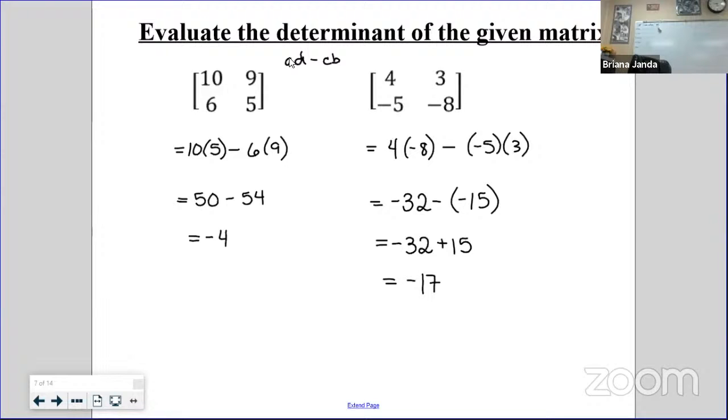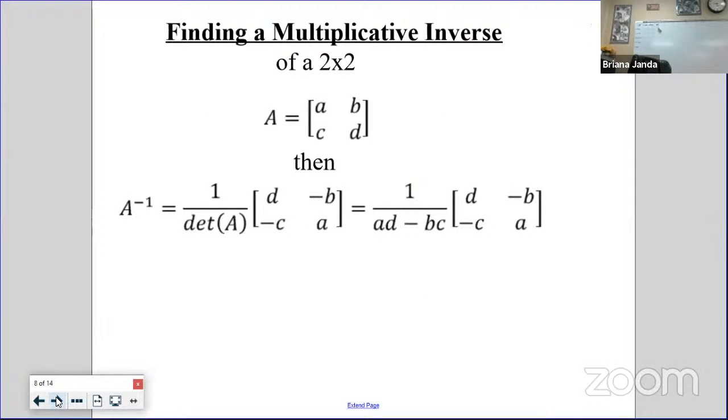Questions? Okay. So this is one of the things you will look at of a matrix, and really its purpose is leading us towards finding its inverse. Because the determinant shows up, and I know this is a lot of stuff up here, but the determinant shows up in the process of finding the inverse.